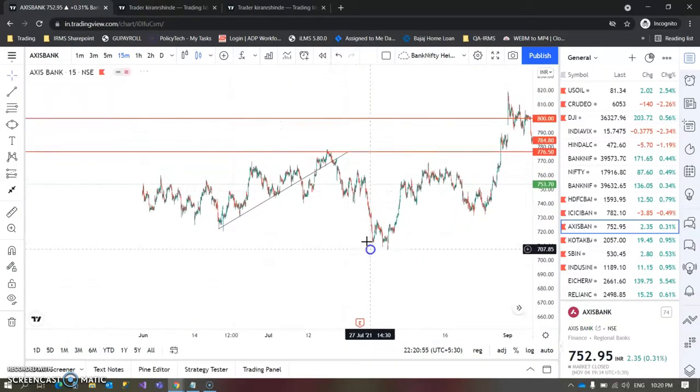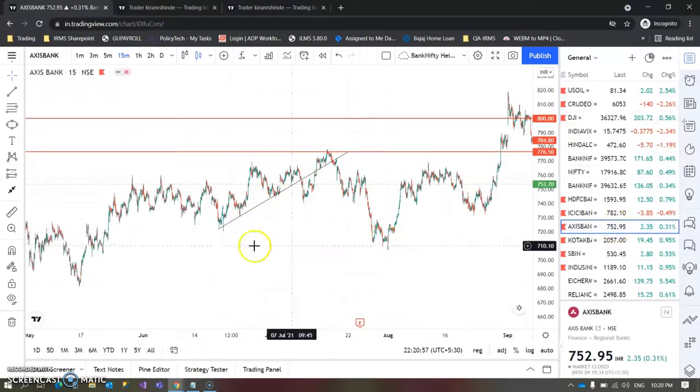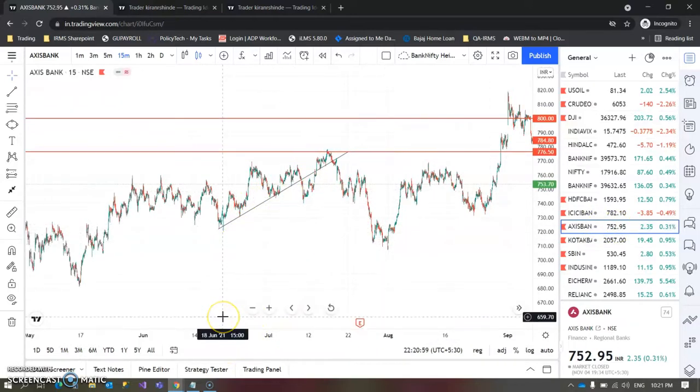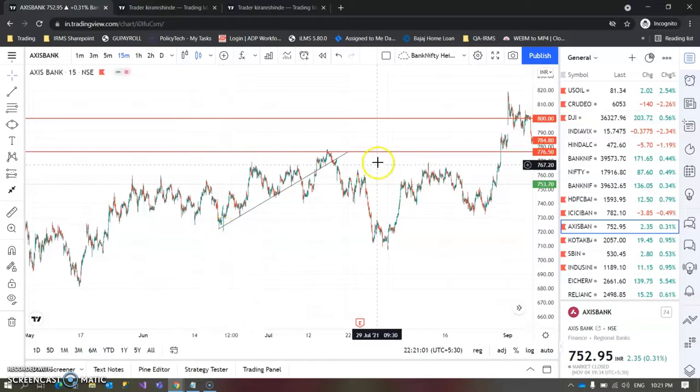The same thing when I was analyzing Axis Bank on the 18th of July. You can see I had drawn a trend line considering these lows 1, 2, 3, 4, 5. It gave a breakdown.